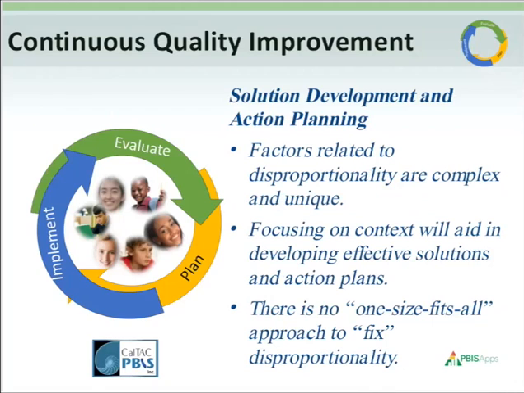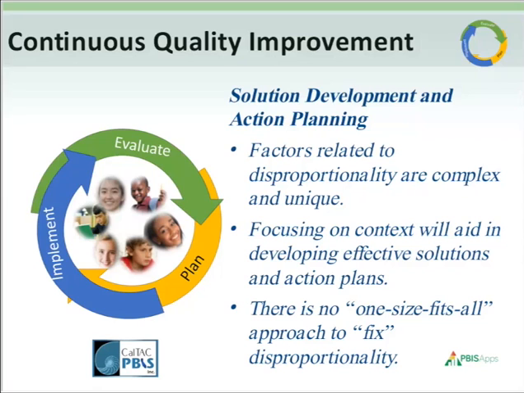And last time that we met, we talked about once we've drilled down and figured this out, then we move into how do we do the solution development and the action planning phase of this. So when you're talking about trying to address disproportionality and get into the solution development, we really understand that factors related to disproportionality are really complex and they are unique.